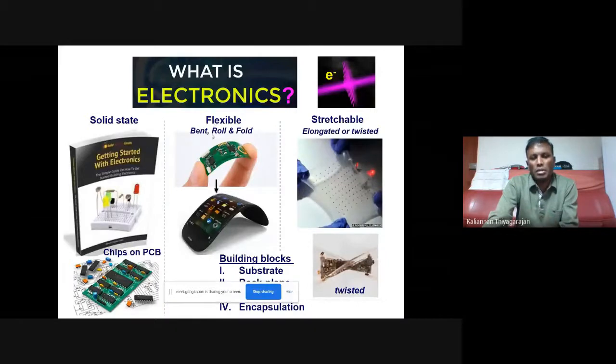The basic building blocks are inorganic brittle materials, which can be molded on top of a flexible substrate, for example PET or polyimide, the PI substrate. These are the two major substrates people use. The printed circuit boards are also made with PI or thin glasses.